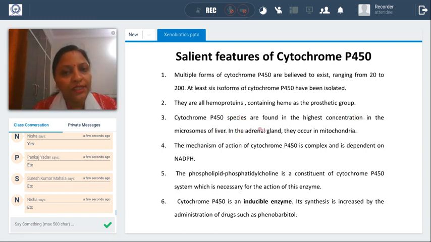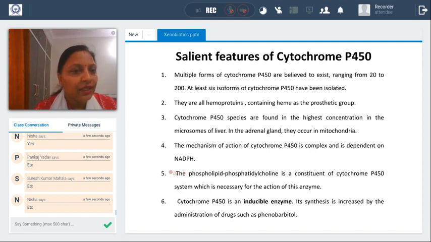Cytochrome P450 species are found in the highest concentration in microsomes of liver, as I told you earlier. In the adrenal gland, they occur in mitochondria. The mechanism of action of cytochrome P450 is complex and dependent on NADPH. Where have we read this word NADPH? Please write in the box.